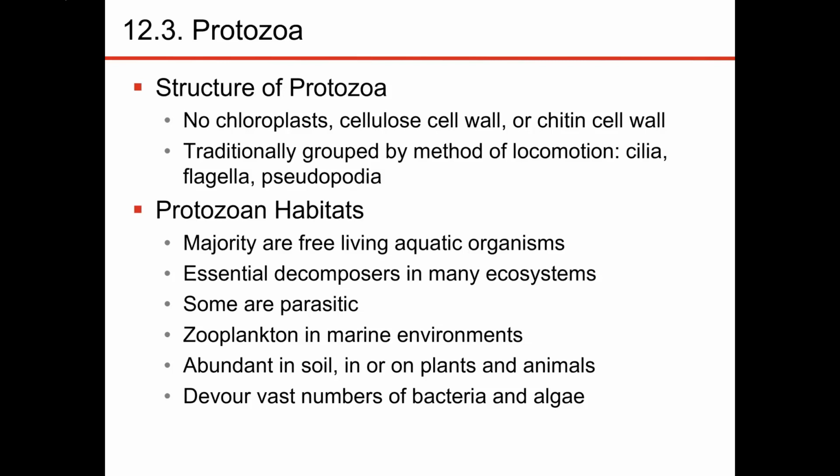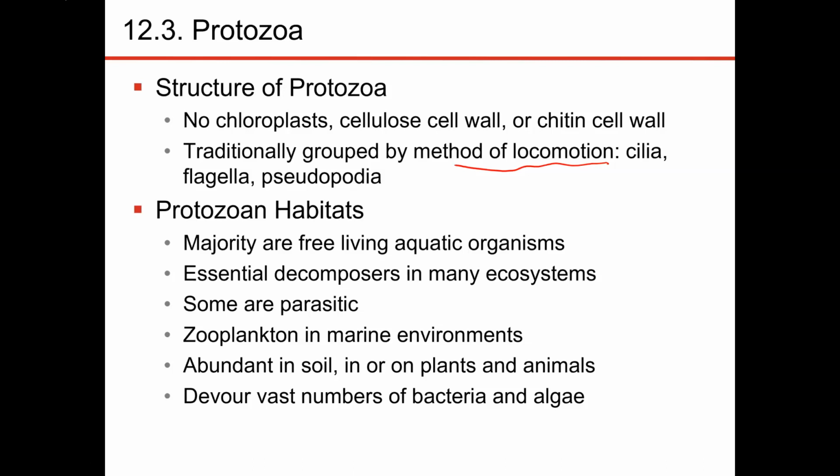And like I said, in the past they've been grouped by their mode of locomotion. So you had ciliates, you had flagellates, you had organisms that had pseudopodia, and then you had apical complexans, which had no motility whatsoever.